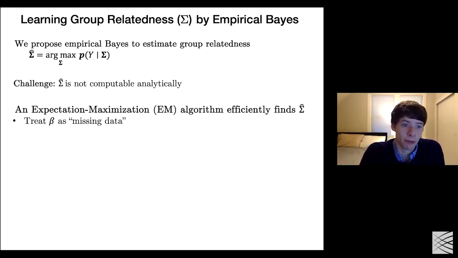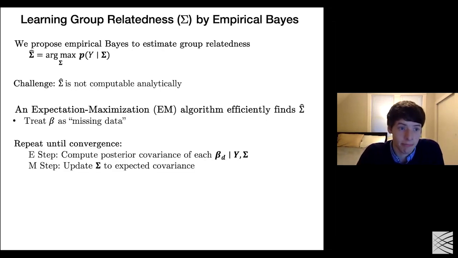For those who are familiar with expectation maximization, in this case, the unknown parameters beta are playing the role of the missing data. In analogy to using expectation maximization for clustering, this is taking the place of the unknown cluster assignments of points into the groups. For implementing this EM algorithm, we have 2 steps.